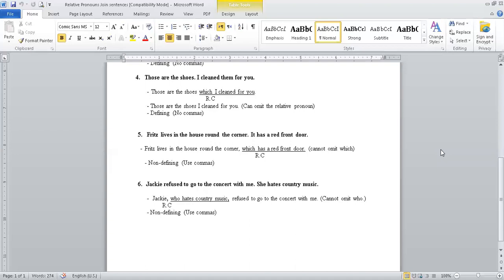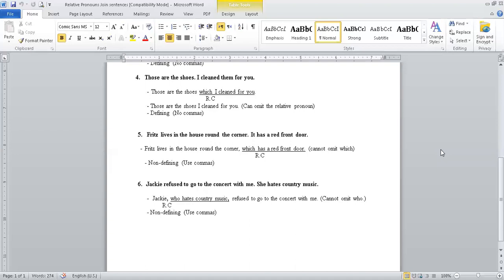Okay, here, if you say Fritz lives in the house round the corner and you stop, I think this information is enough to define Fritz's house. The information is enough for me to know the house which is round the corner.